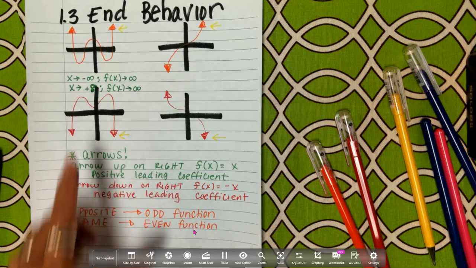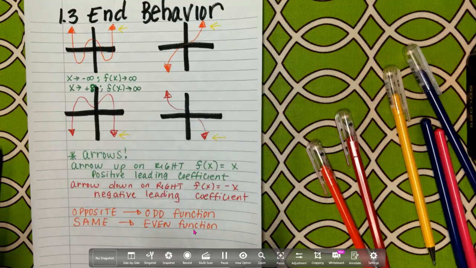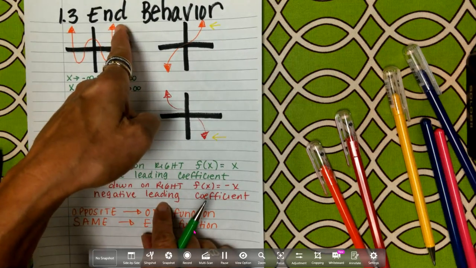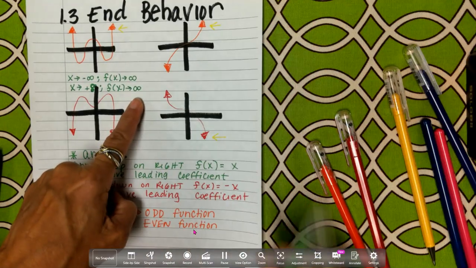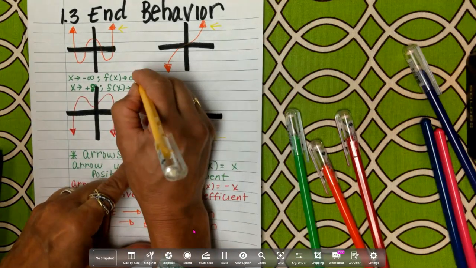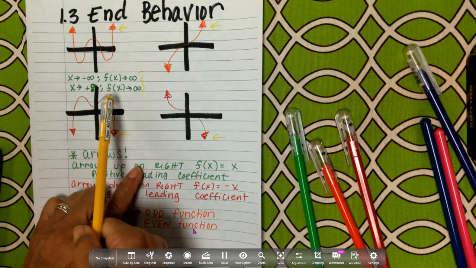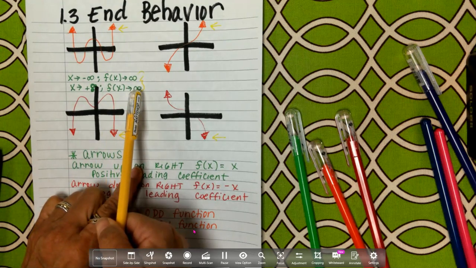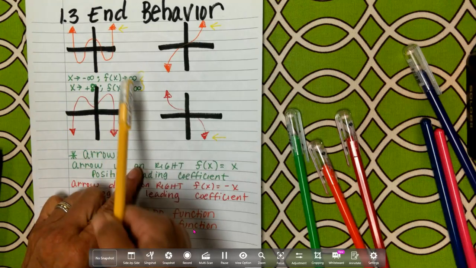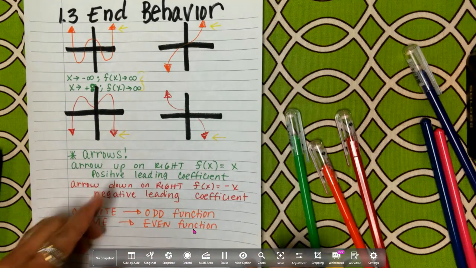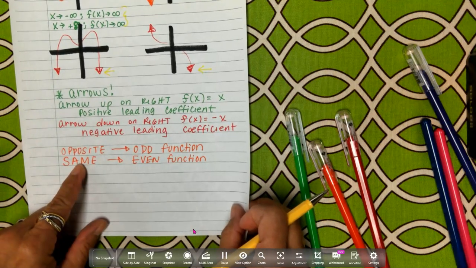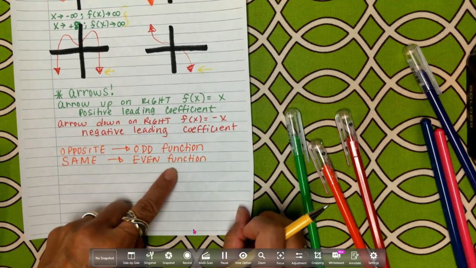All right, so the left arrow's going up, and with positive inputs, the outputs are going up too. What you need to notice here is this function's outputs both are going up, up, up. Same end behavior. So if the arrows are pointing the same, it's an even function.